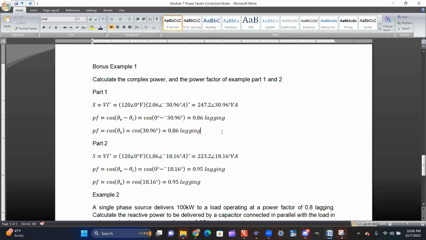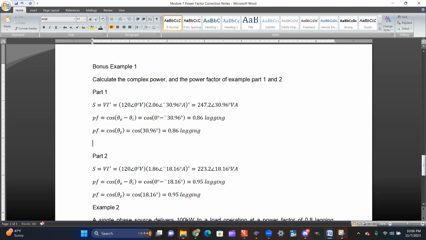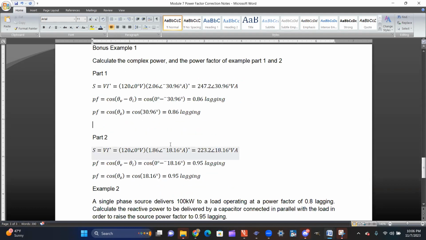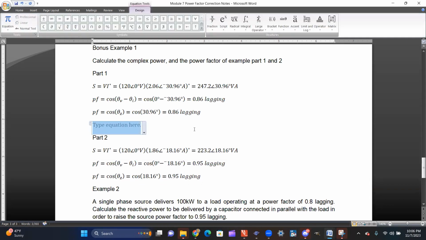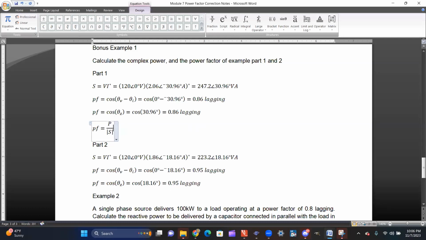In addition to this, as we learned in the first video, we can say power factor also equals P divided by your apparent power.